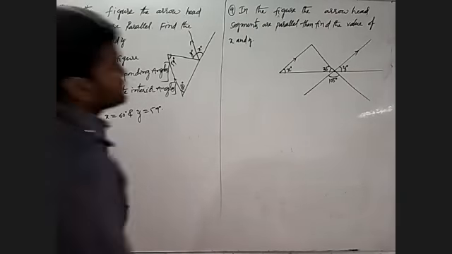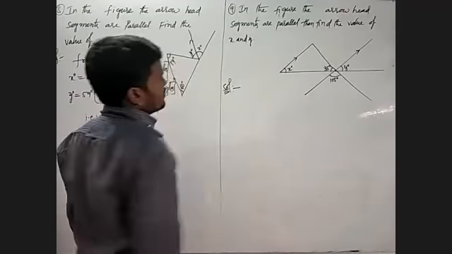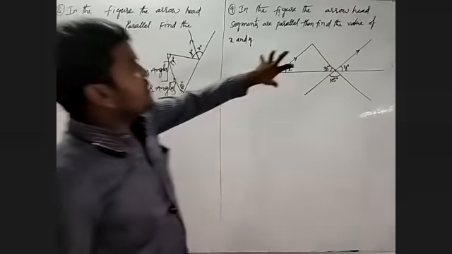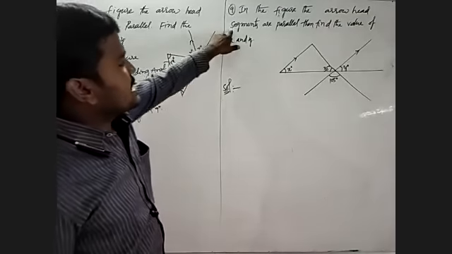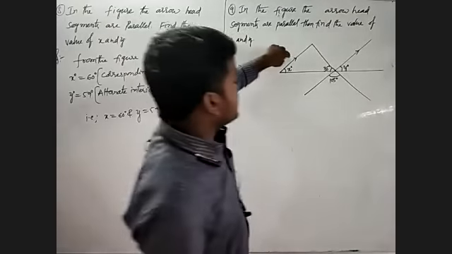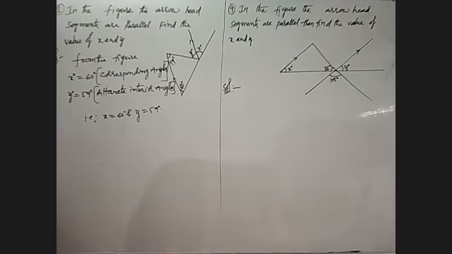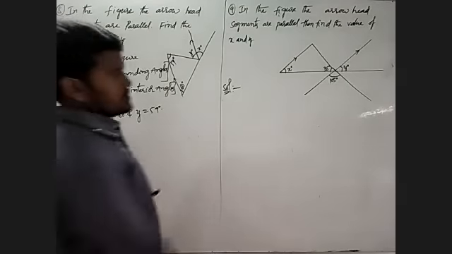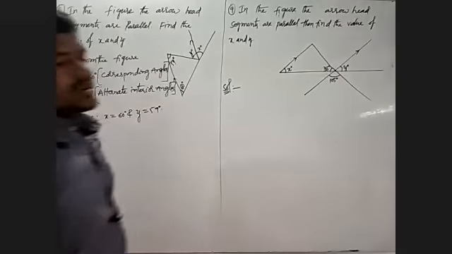We'll observe. In this given figure, the arrowhead line segments are parallel, and this one is also parallel. Then find the value of x and y. First we'll observe y is equal to 35. Why?